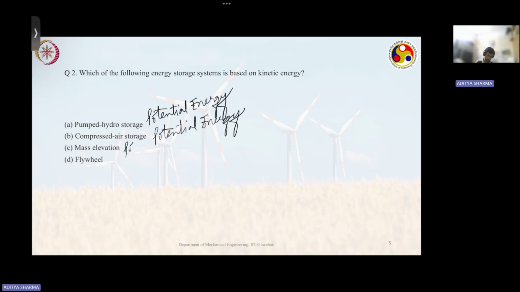Mass elevation again is potential energy. Fourth is flywheel. Flywheel is based on kinetic energy. In that case, fourth option is the correct option.